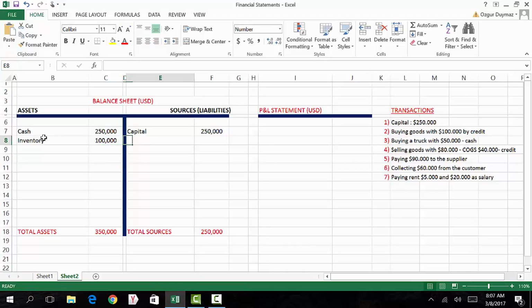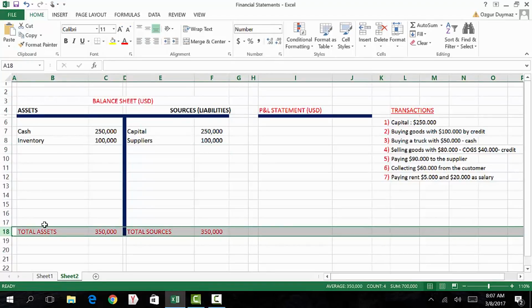This is a kind of source provided by suppliers. Look at the total. They are the same. Again, with the accounting approach, debit is inventory, credit is suppliers.